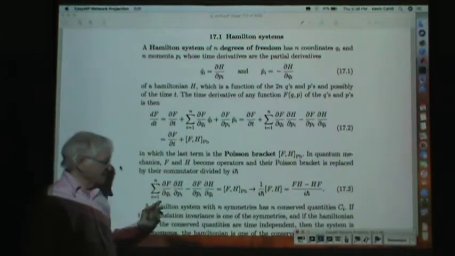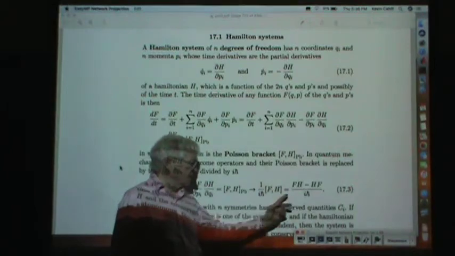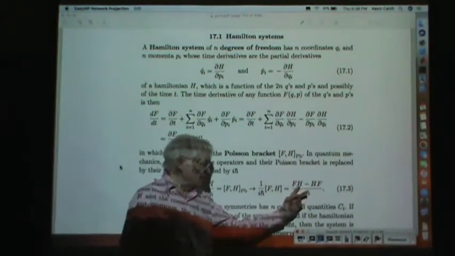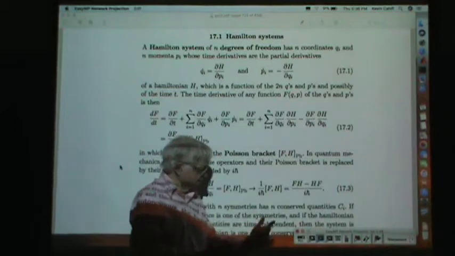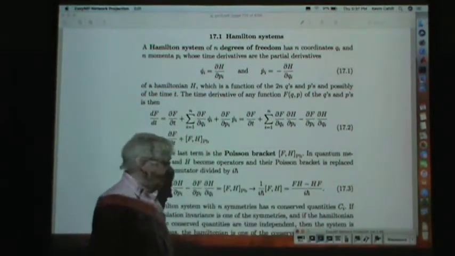So in other words, the Poisson bracket turns into what we call a commutator, which is just the difference of the product of the operators in opposite order, divided by i h bar.